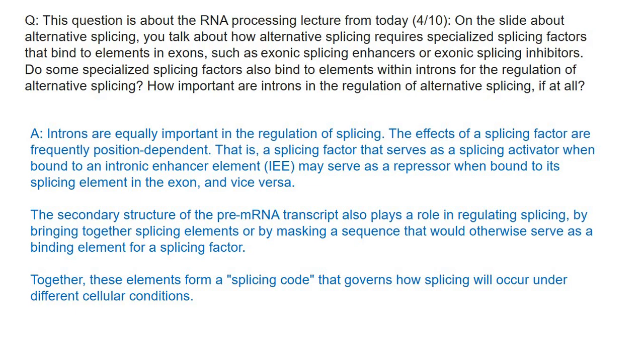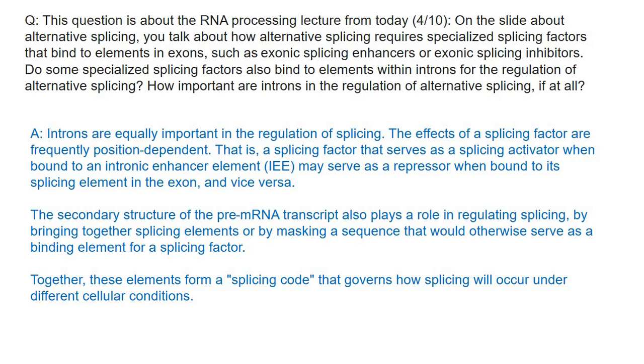So the short answer to your question is yes. There are elements within introns that regulate alternative splicing. The answer to your second question, how important are introns in regulation of alternative splicing, is quite a lot. They are very important.